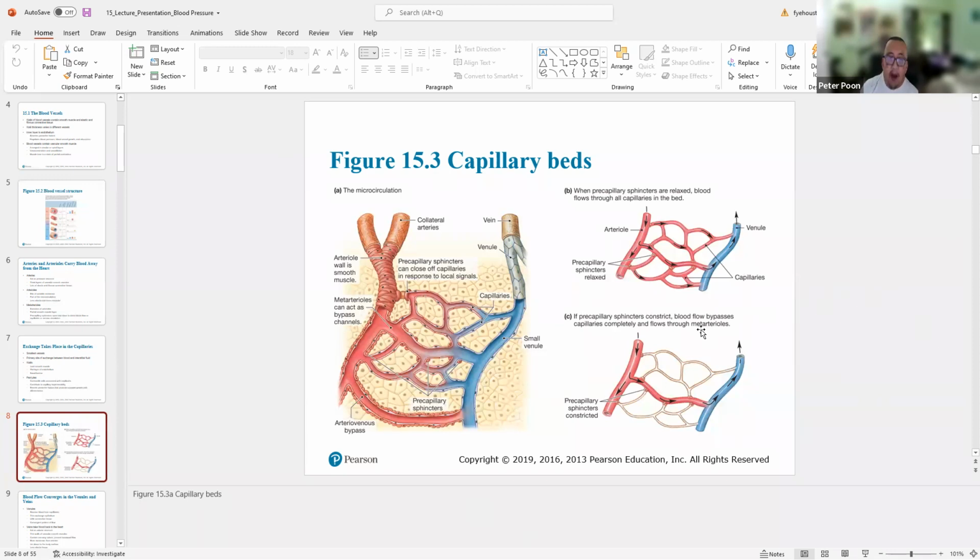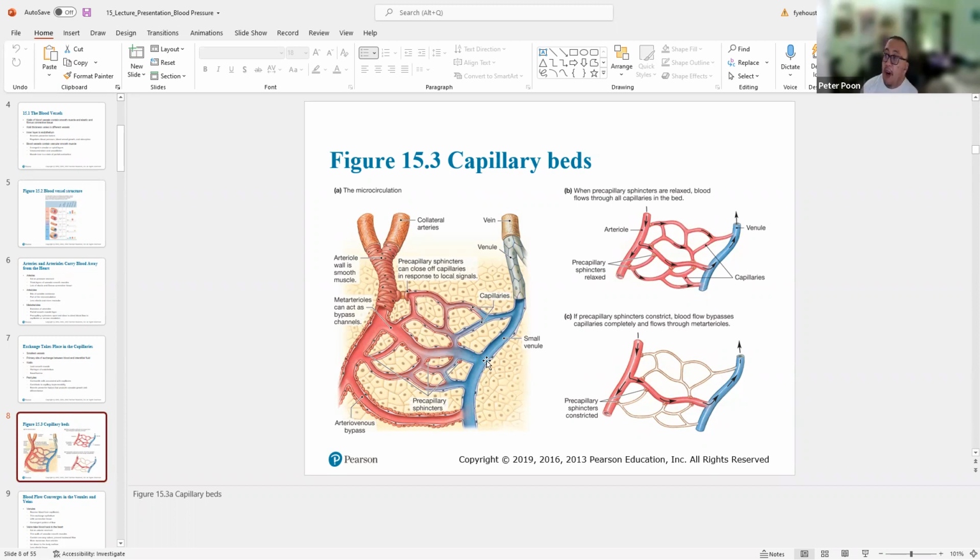There are valves on the arterial side. If I shut off all the valves on the arterial side, the only throughput channel is the metarteriole, so the blood goes directly to the venule.